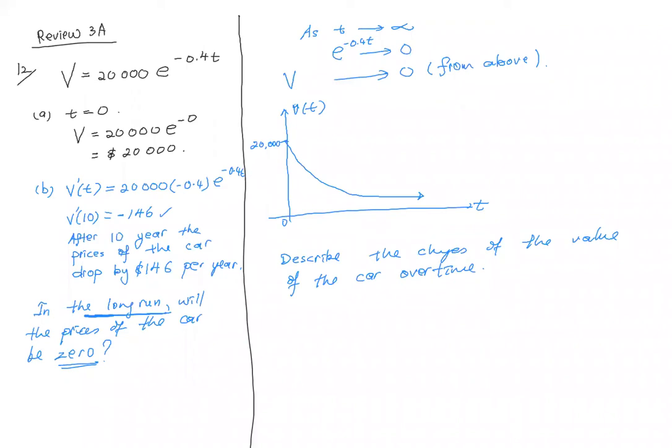So how are you going to describe it? Shinran. The car is decreasing with decreasing rate. Yes, the price of the car or the value of the car is decreasing with decreasing rate.